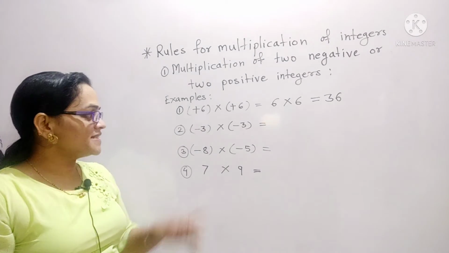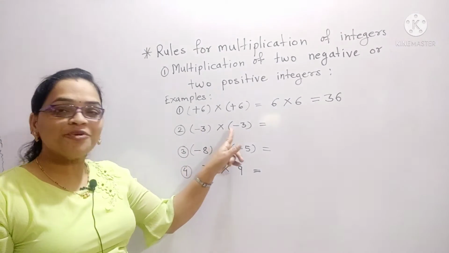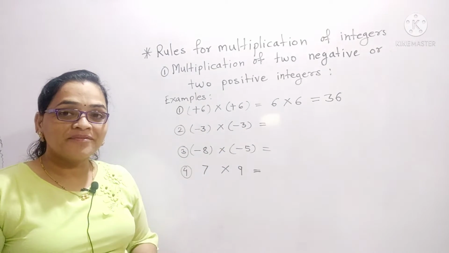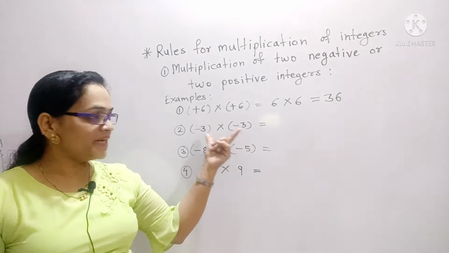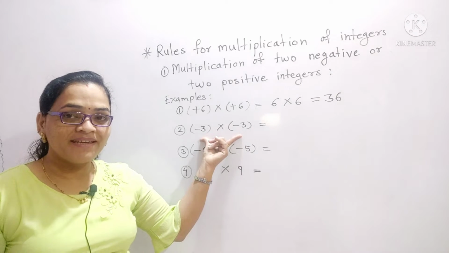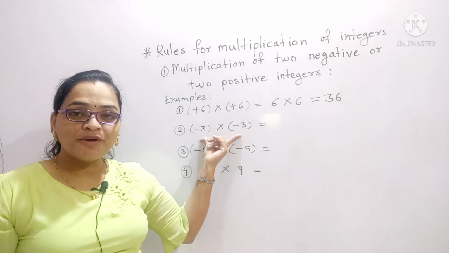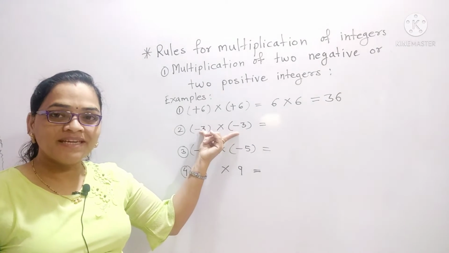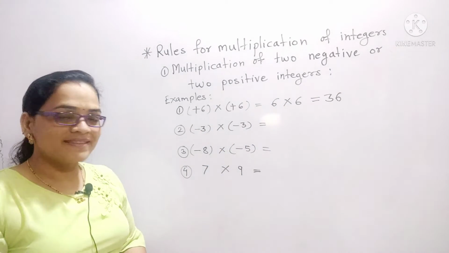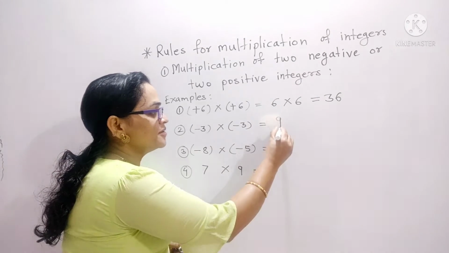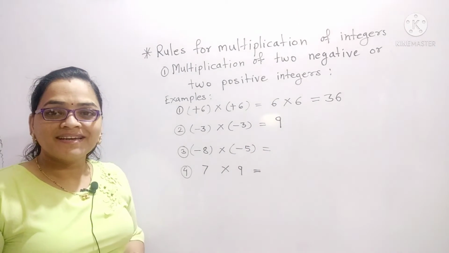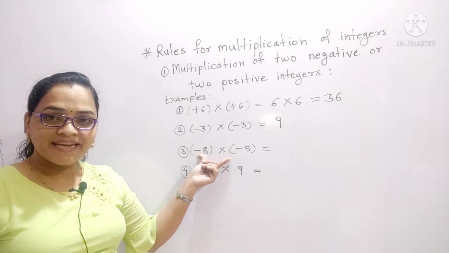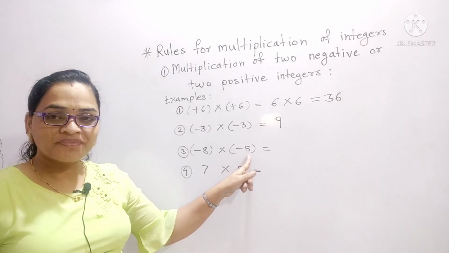Okay. Second example, see, -3 into -3. Here 3 has a minus sign. Then how to find the product of two integers which have the same sign? Find the product of their absolute values. What is the absolute value of -3? It is 3. 3 3s are 9, the product of the given integers. Third example, -8 into -5.